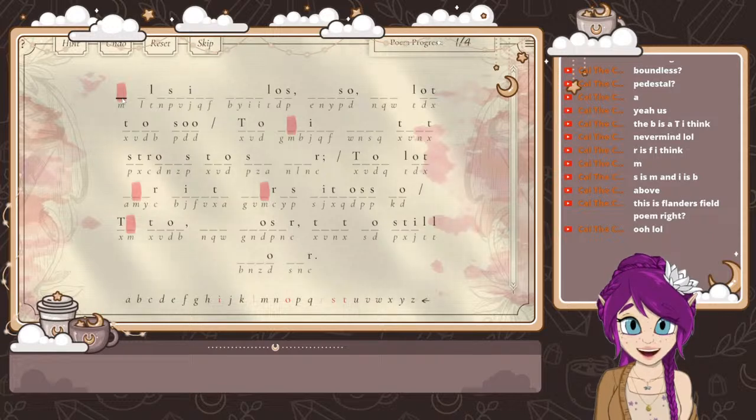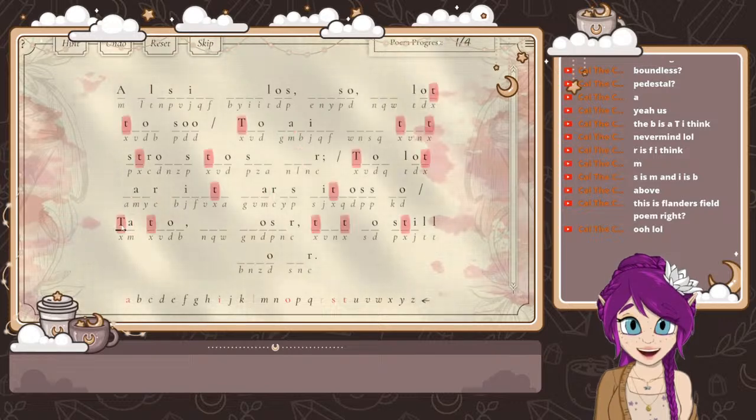A or I? Yeah, the T's wrong. TA's not a word.